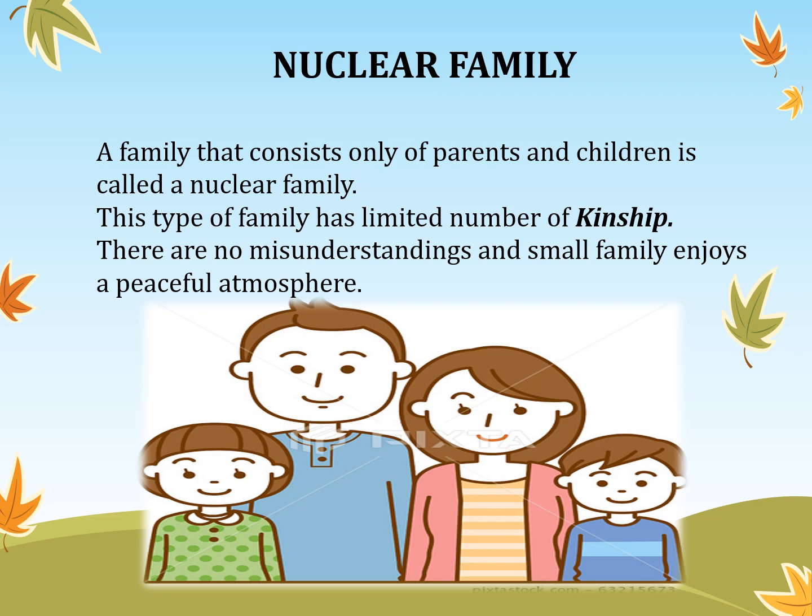So there is no misunderstanding because we have a small house and our family members are limited. It is not that in a joint family we are having misunderstandings, but in a nuclear family there are the least chances of misunderstanding, but in a joint family you might have some misunderstandings.